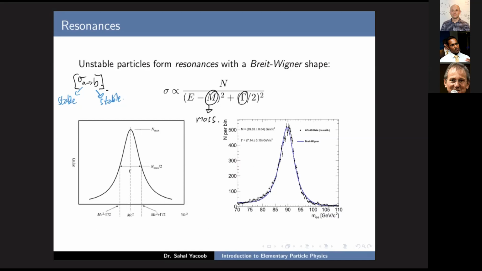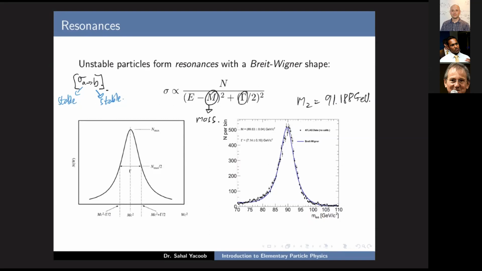We're plotting here the number of events as a function of the invariant mass of two electrons. Now, the Z boson has a characteristic mass, which is mZ equal to 91.188 GeV.